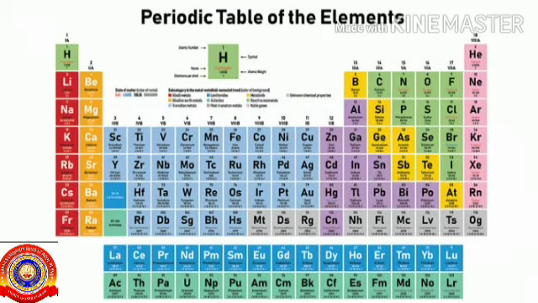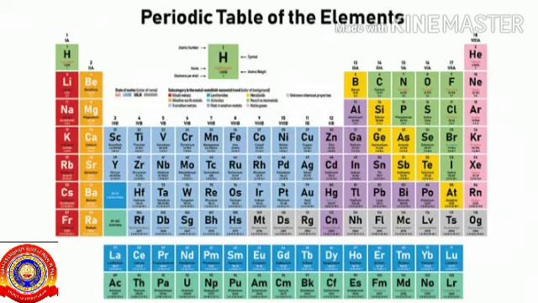Children, you know that periodic table is a comprehensive classification of elements, and the elements are arranged on the basis of atomic number. From this periodic table, we can analyze and predict the properties of an element.